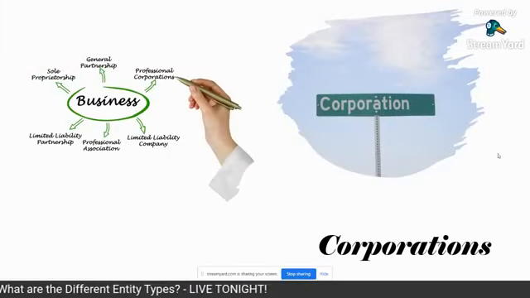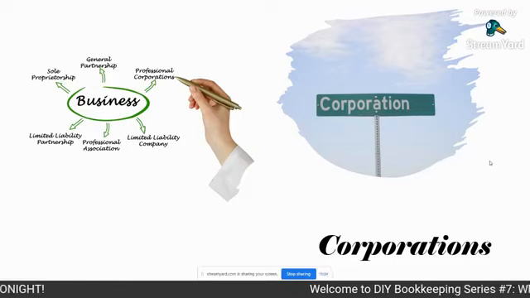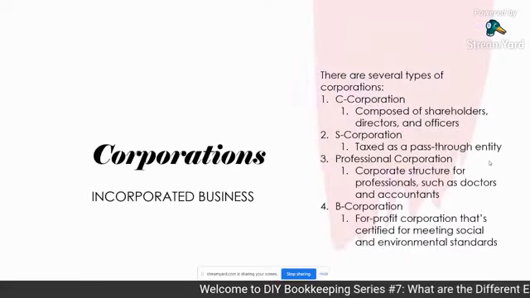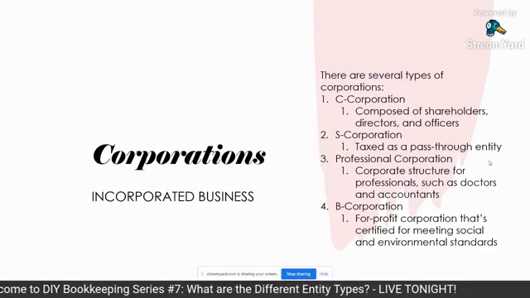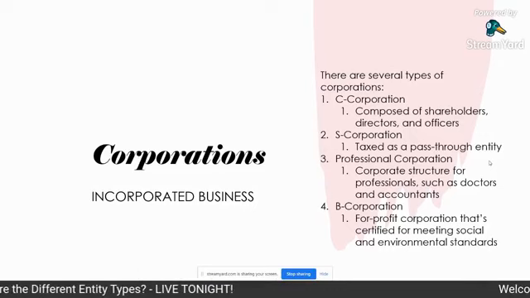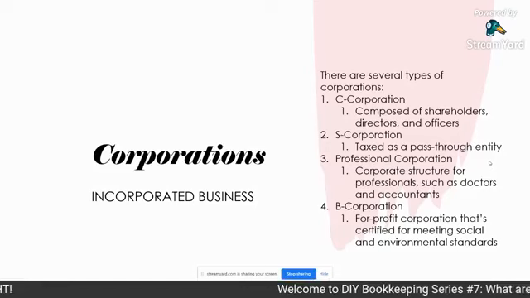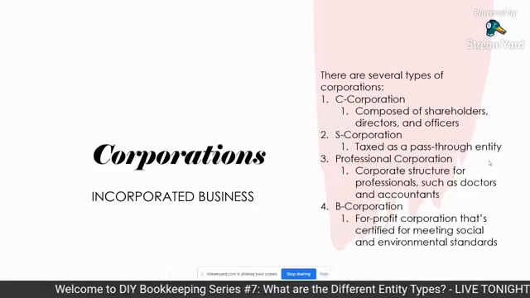The next are corporations, and there are several kinds, and we're going to get into these. So these are incorporated businesses. Everything that we've gone through so far has been unincorporated. Now we're getting into incorporated. We have the C corporation, which is composed of shareholders, directors, and officers.